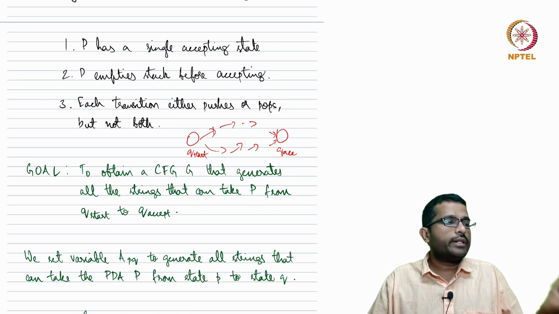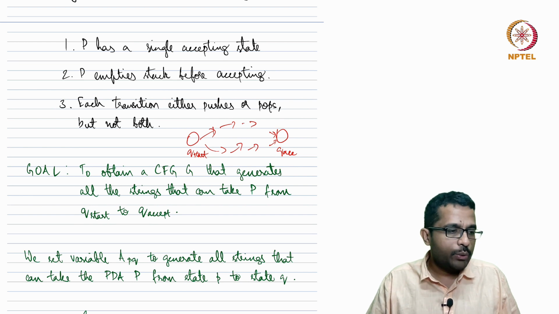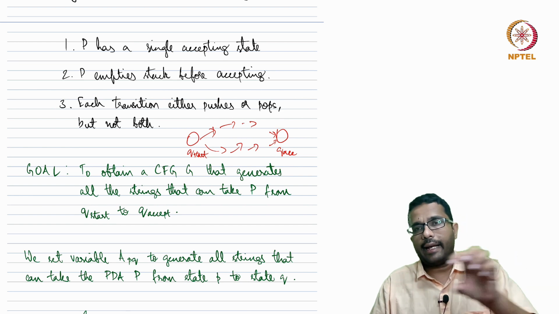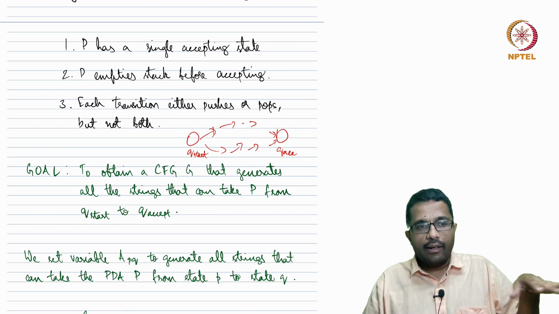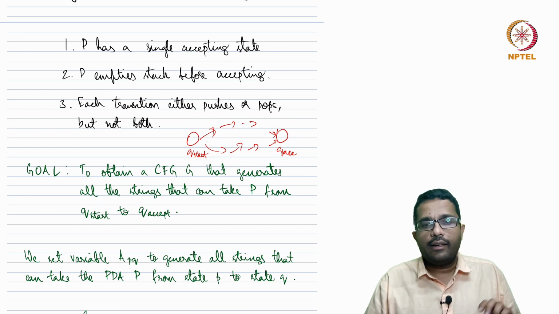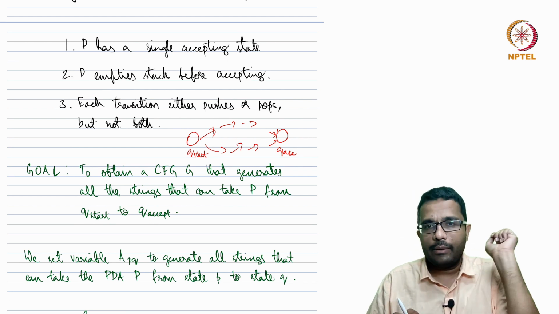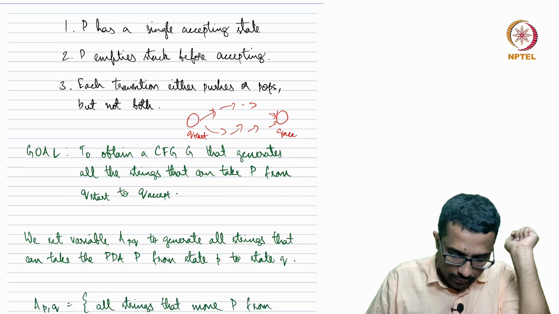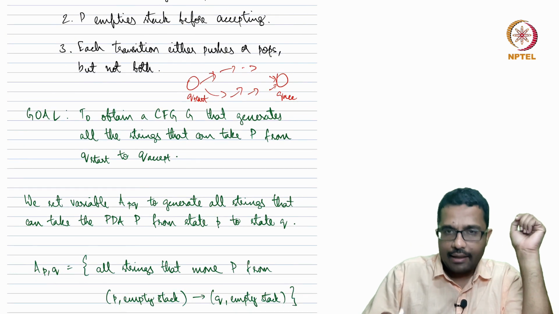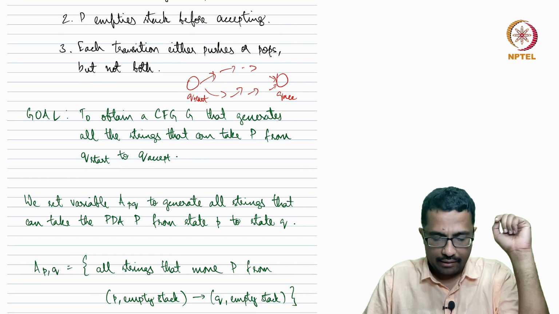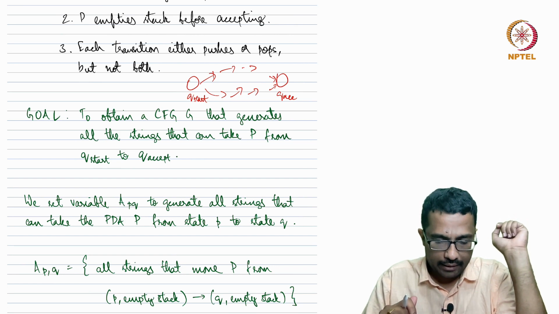We want to know which strings the PDA can read that allow it to move from the start state to the accepting state, and when it reaches the accepting state, the stack will be empty. This turns out to be quite convenient in the construction that follows.